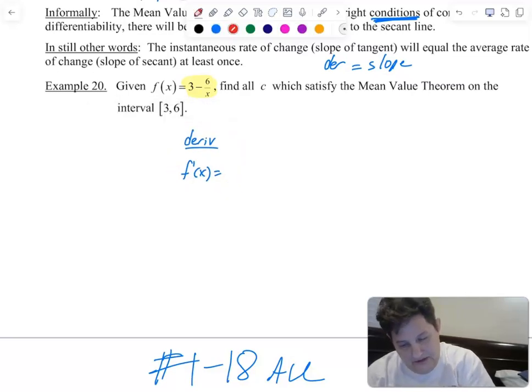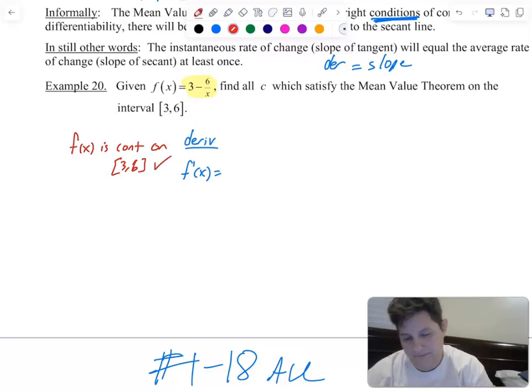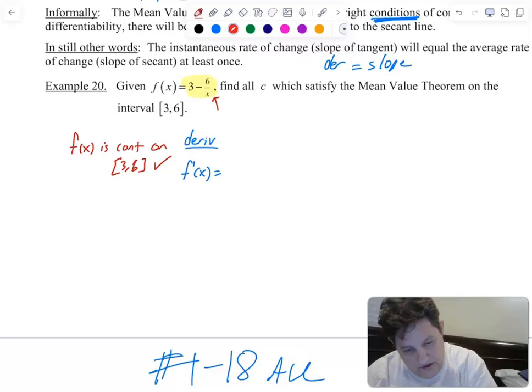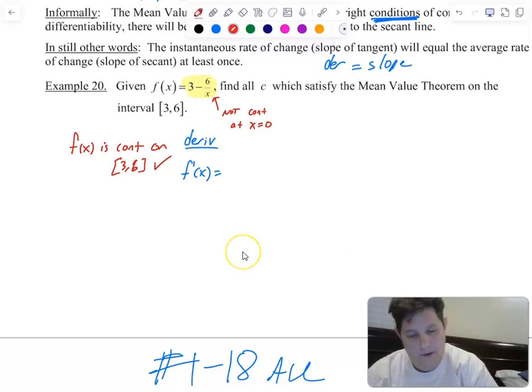Meeting your conditions basically goes: f is continuous on 3 to 6. That is true, because look, this is not continuous at 0, but 0 is not in my interval, so it's continuous on 3 to 6.